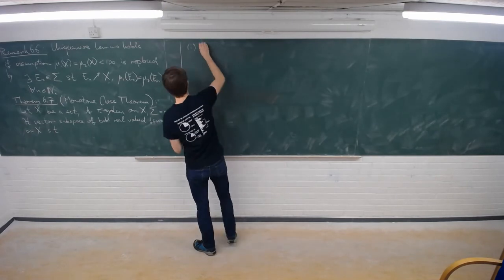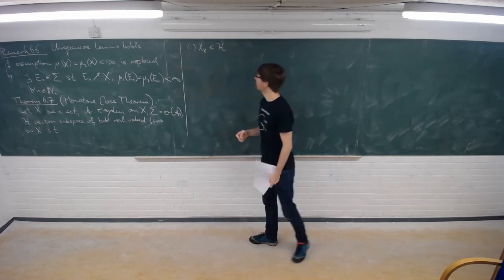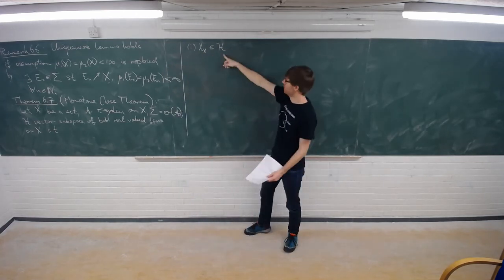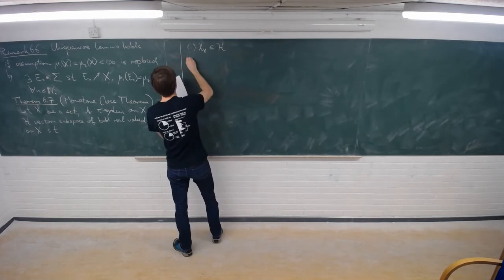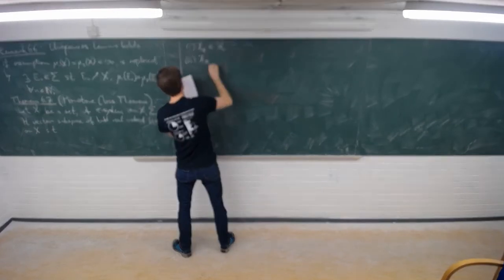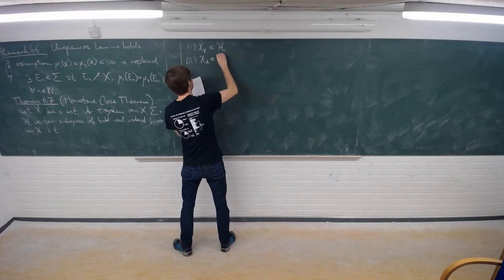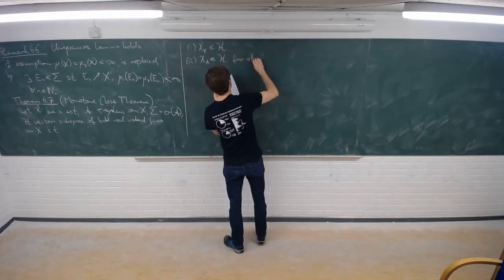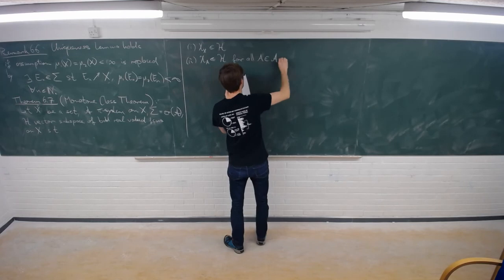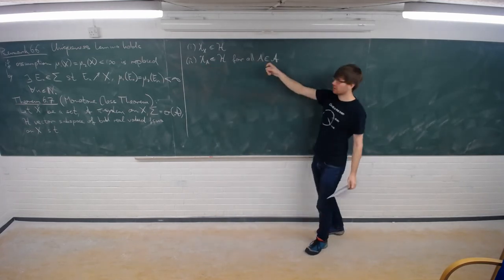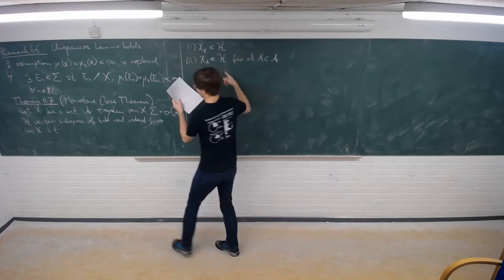First, just the function which is constant 1 everywhere has to be in H. Second, characteristic functions of elements in A have to be in H.